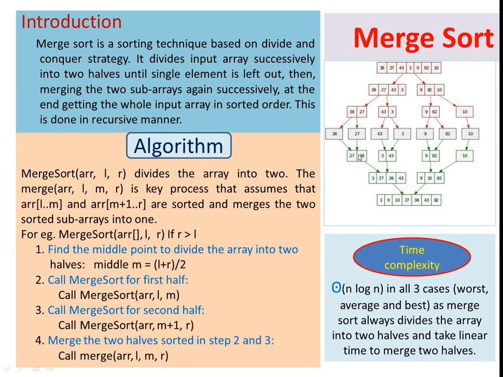Now these two arrays are merged together to give 3, 27, 38, 43, and here 9, 10, 82 in sorted order. At last the final merge function is called, resulting in 3, 9, 10, 27, 38, 43, 82 in sorted order. That is the result of applying merge sort.